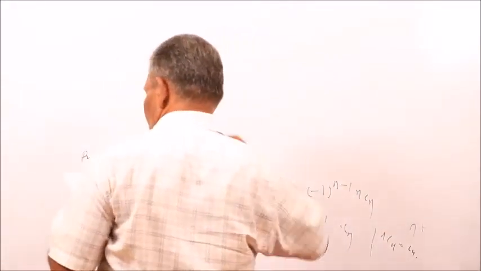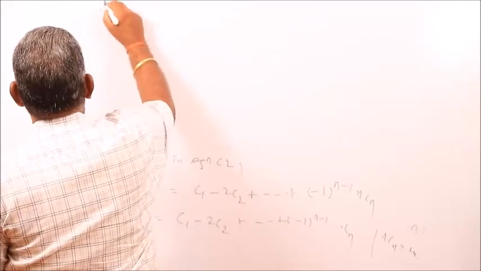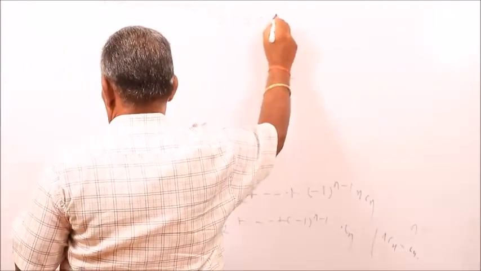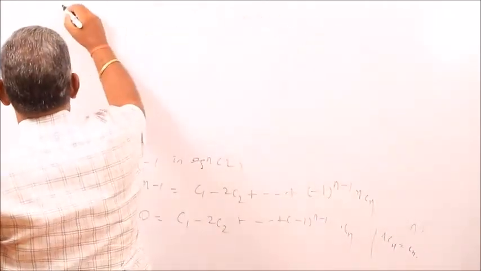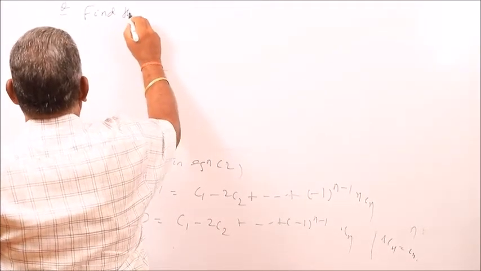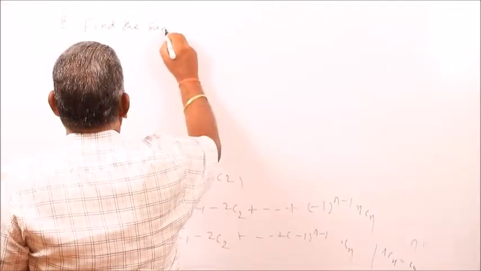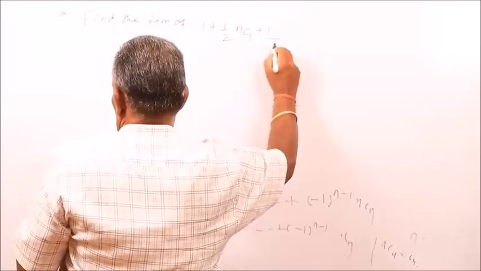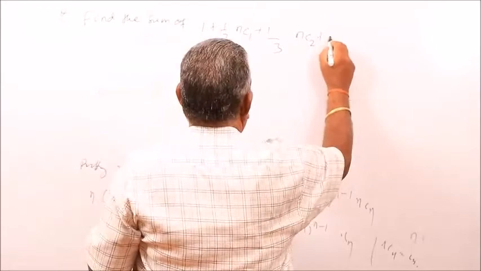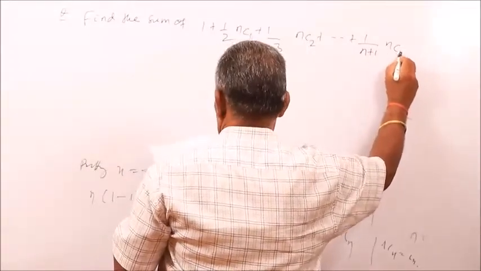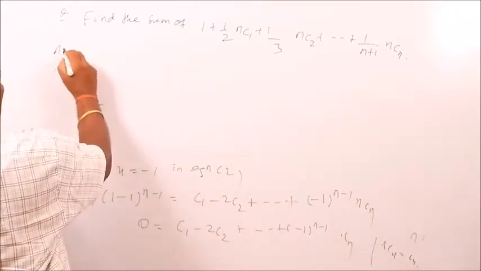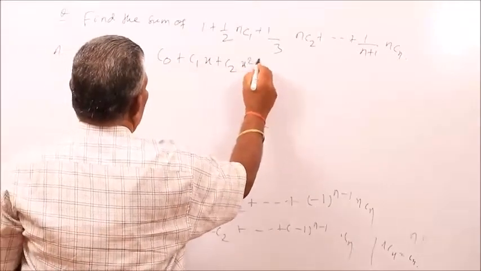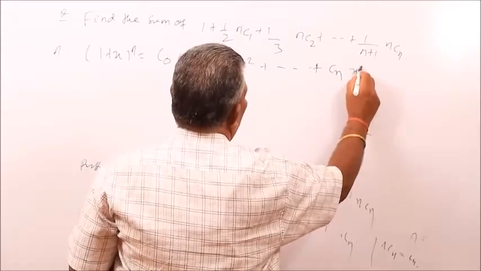Next we will do a problem. Find the sum of 1 plus half NC1 plus 1 by 3 NC2 plus dot dot plus 1 by n plus 1 NCN. 1 plus x whole to the power n equal to C0 plus C1x plus C2x square up to Cn xn.